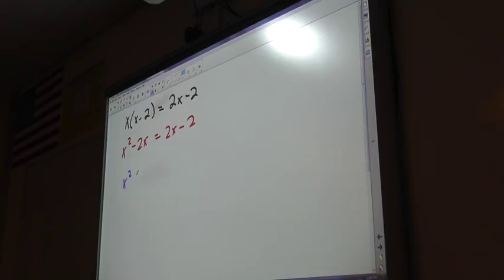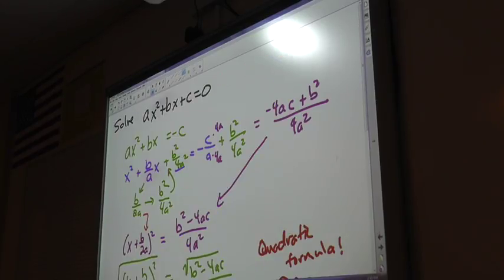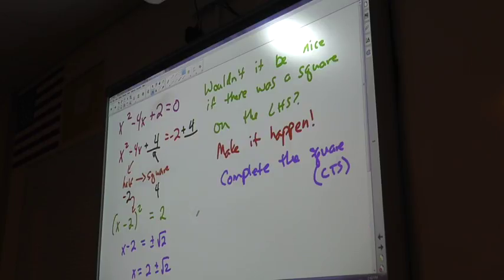X squared minus 4x plus 2 equals 0. Now, what's so special about this question? Didn't I just show it to you like 5 seconds ago? So why can we solve it in 10 seconds? Because we already solved it. It was 2 plus or minus square root of 2.